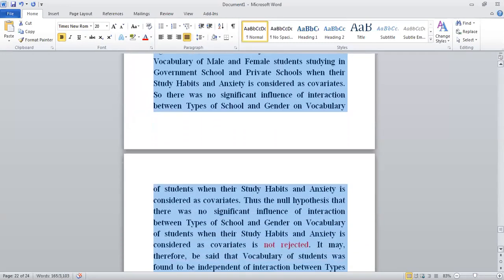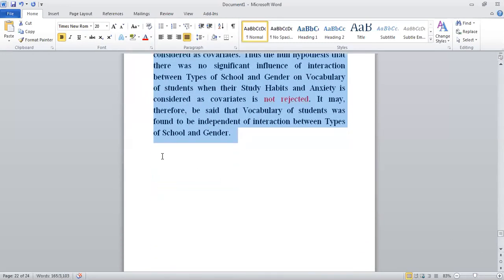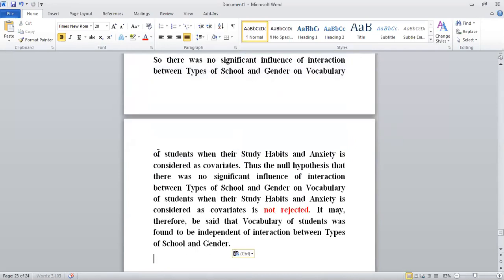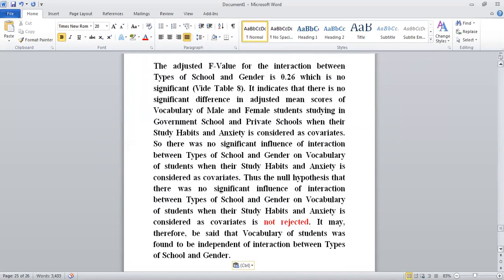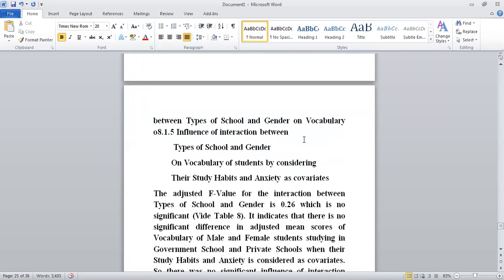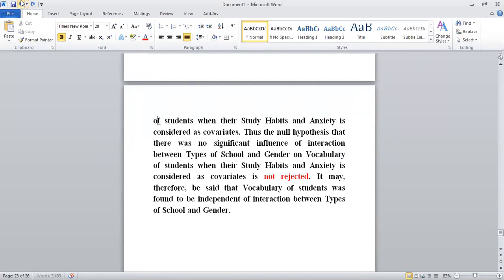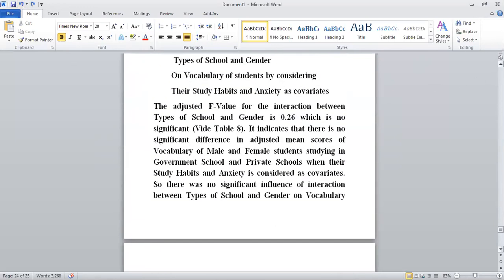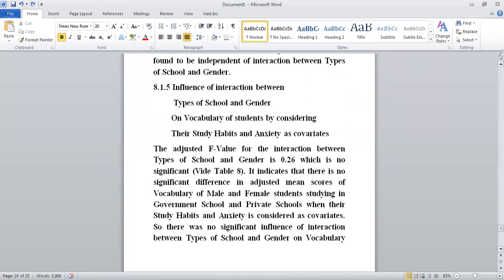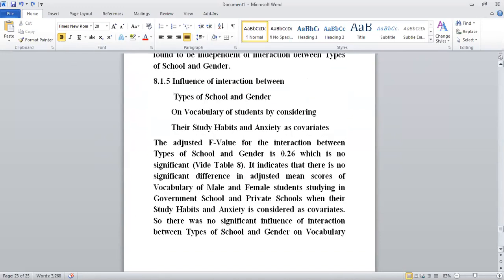I have copied it twice because I need it. So this is 5, all right.